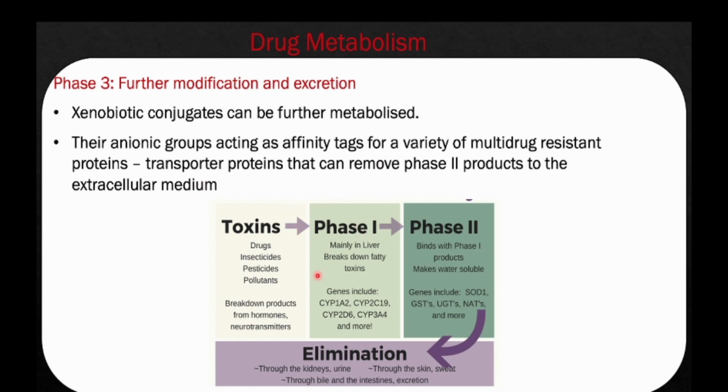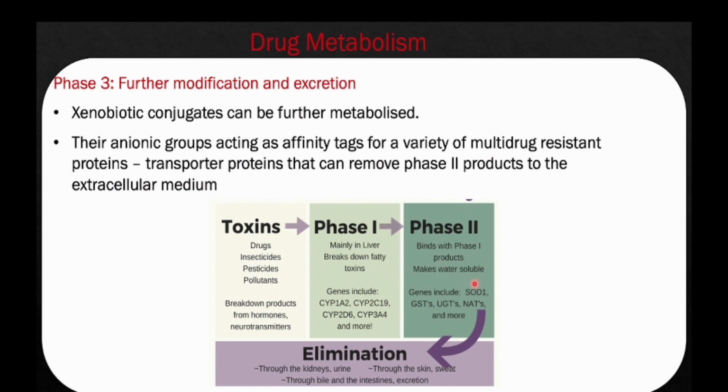Phase 1 is mainly done in the liver, which breaks down the fatty toxins. The genes involved are cytochrome 1A2, 2C19, 2D6, and 3A4, and more. In phase 2, it binds with phase 1 products, which makes them water soluble.